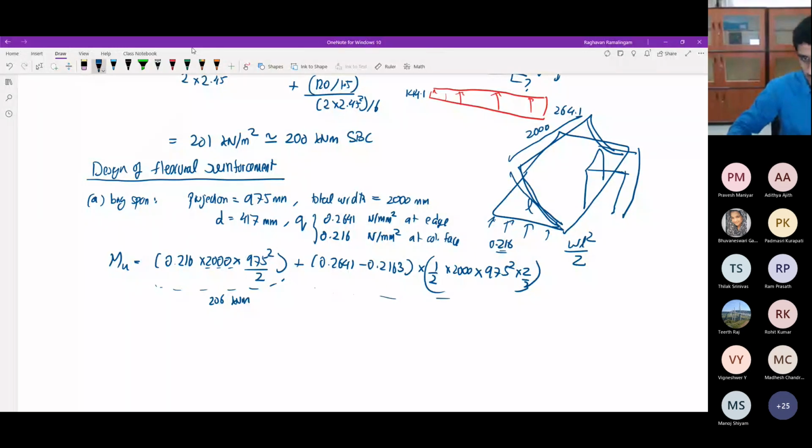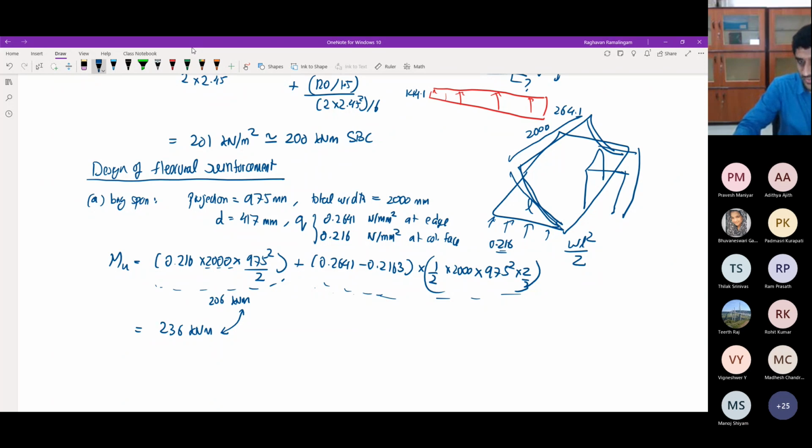If I tend to be more accurate, and I include this also as a trapezium, then the total becomes 236. So there's a certain small amount of error which comes if you ignore the trapezoidal part and go with the average.